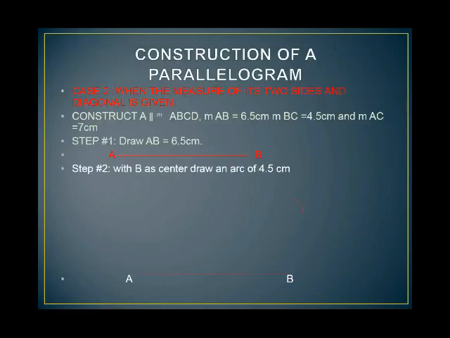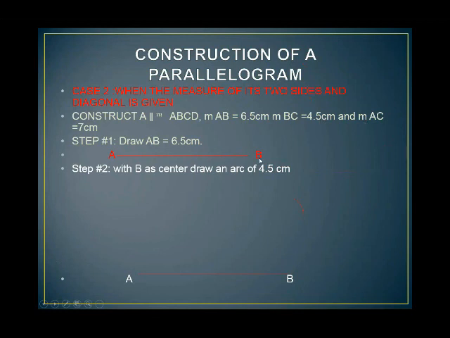Now it's the second case of a parallelogram, when the measure of its two sides and the diagonal is given. So construction of a parallelogram ABCD, where AB is 6.5 and BC is 4.5 centimeter.